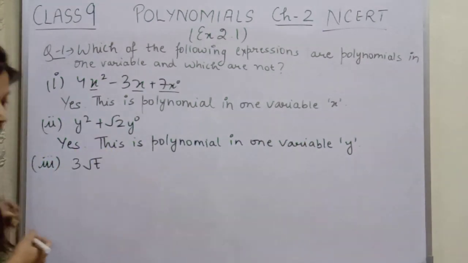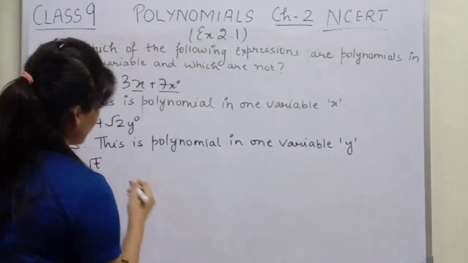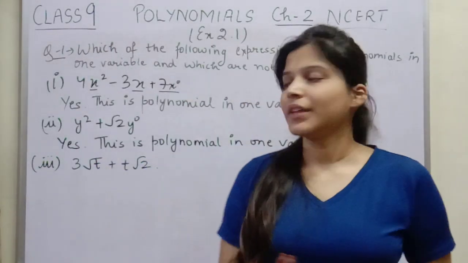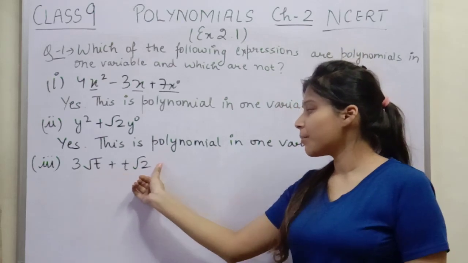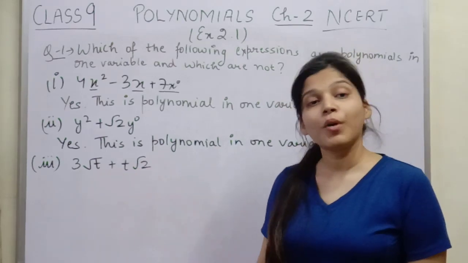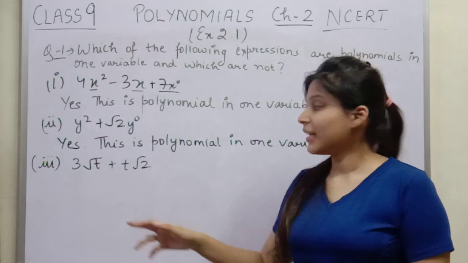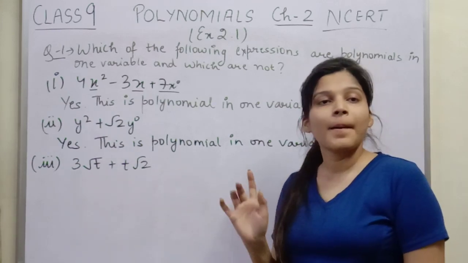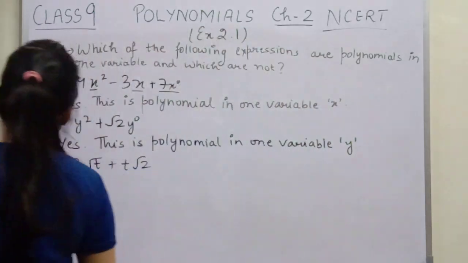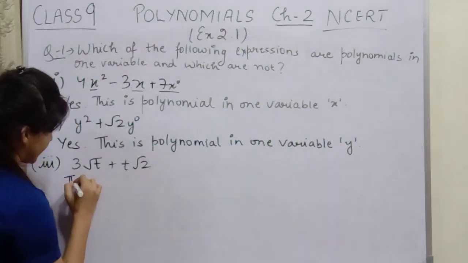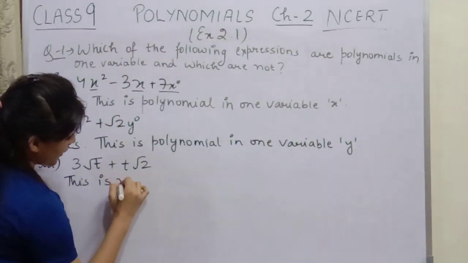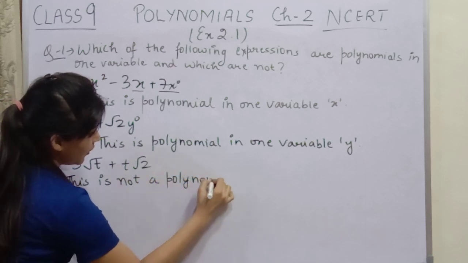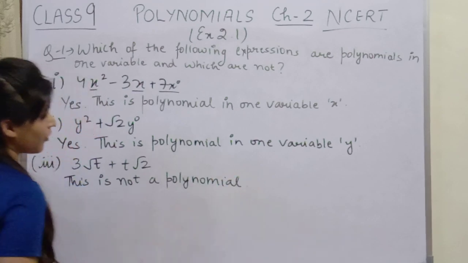3 root t plus t root 2. As we know, whenever the variable comes under a root, that is not a polynomial. So now this is not a polynomial. It is in one variable t, but it is not a polynomial, right?